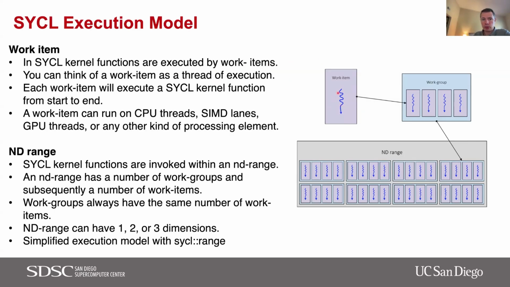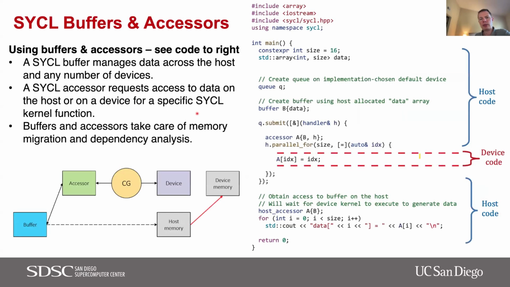Work items execute these kernel functions. You can think of it as a thread of execution, and it will execute a SYCL kernel function from start to end. Here there's not much in there, but I could have, of course, a longer kernel with multiple operations instead of just this assignment operation.